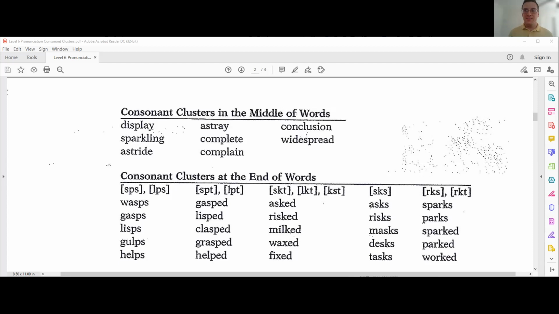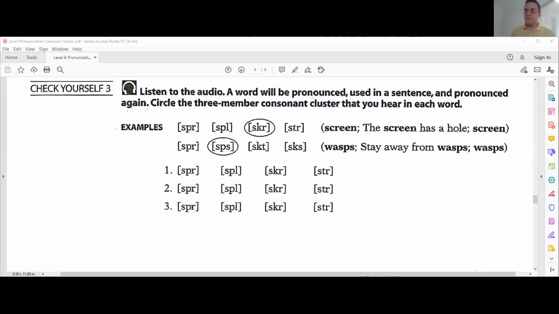Let's do a little listening practice now. Get ready and let's see what we can do. In this exercise, we will listen. A word will be pronounced, used in a sentence, and then pronounced again.